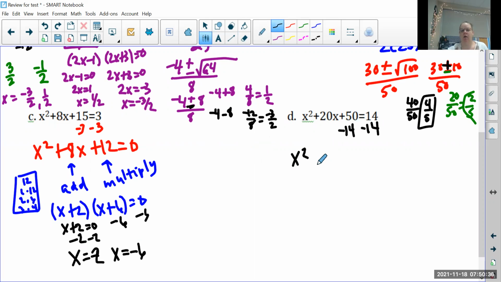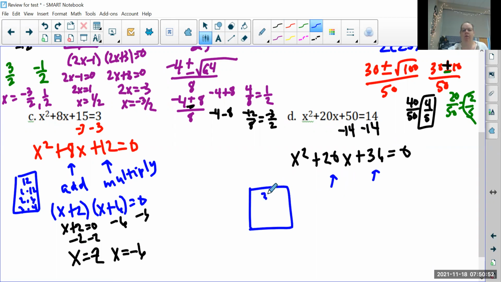So that would be x squared plus 20x plus 36 equals 0. So I'm looking for 2 numbers that multiply to 36 and add to 20. I can look at my little factoring table over here and I have 36. I would have 1 and 36, 2 and 18. Right there, I can see that those 2 would be the ones that would add to 20.